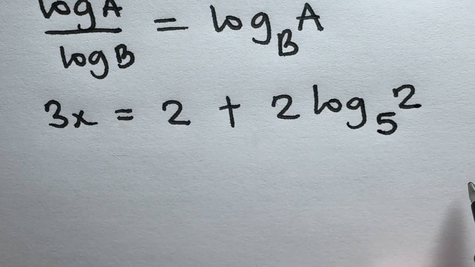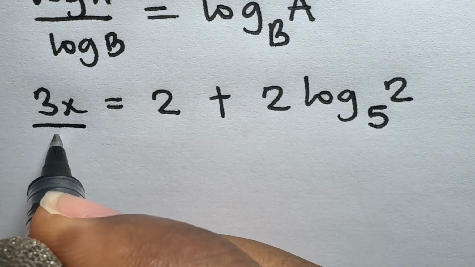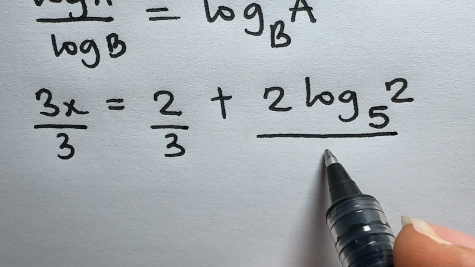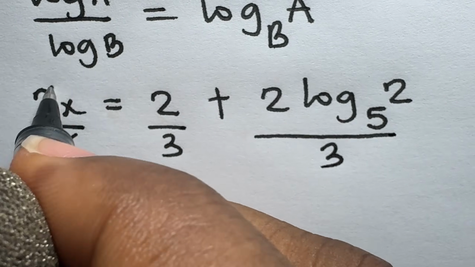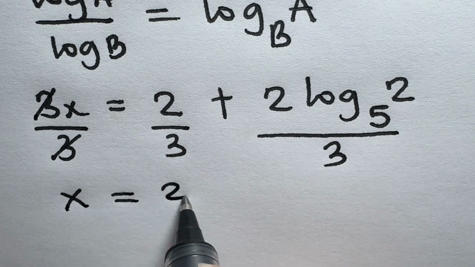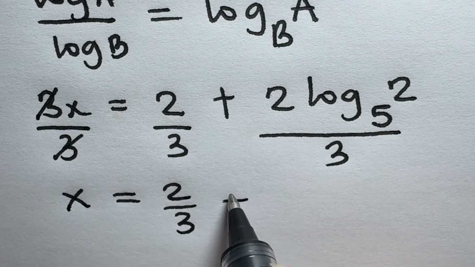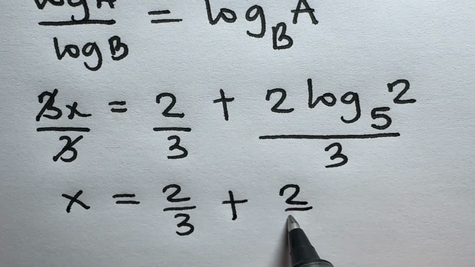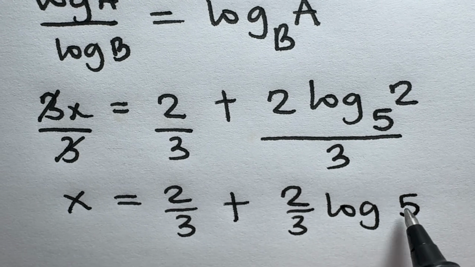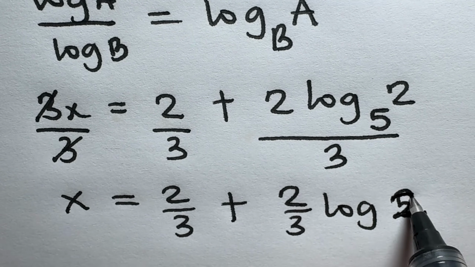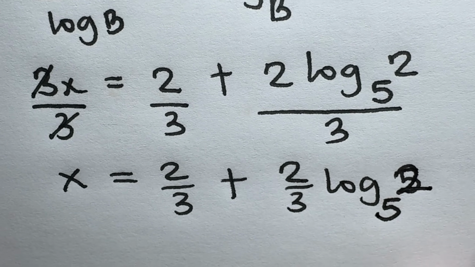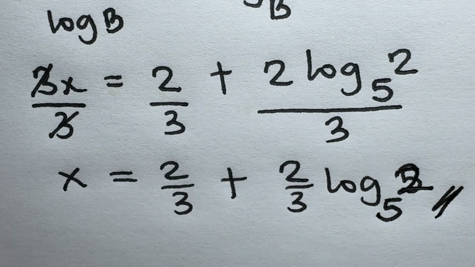And then we will now divide both sides by 3. So that 3 cancels 3 here. Then we have x is equal to 2 over 3 plus 2 over 3 log 2 base 5, which will now be our final answer to this problem.